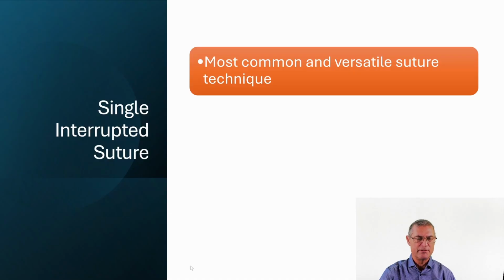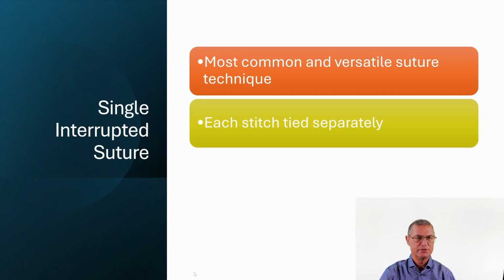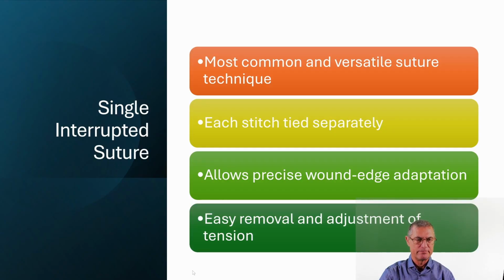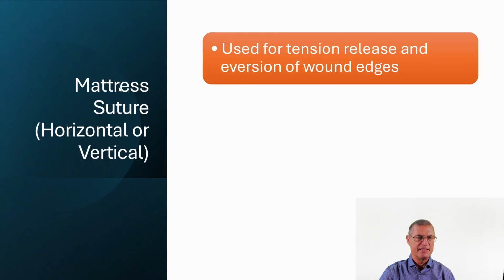So single interrupted, everybody knows, easy to do. Each stitch is tied separately, allowing precise wound edge adaptation. And most of the time I use all of these, or 2 of these, in one surgery. The second one is a mattress suture. It's for tension release.